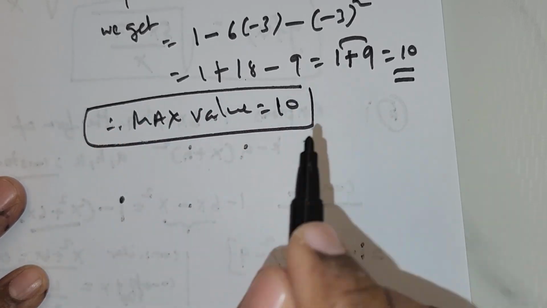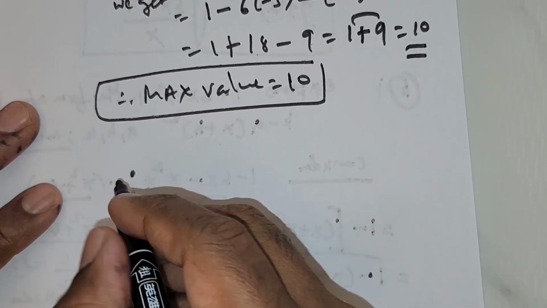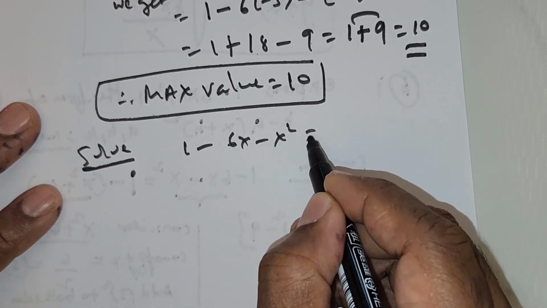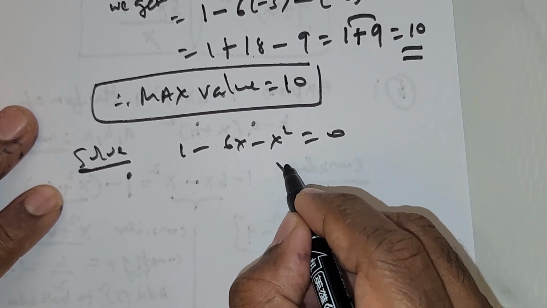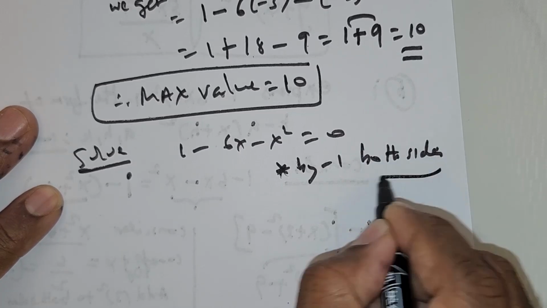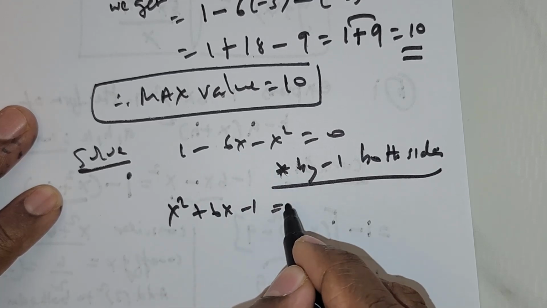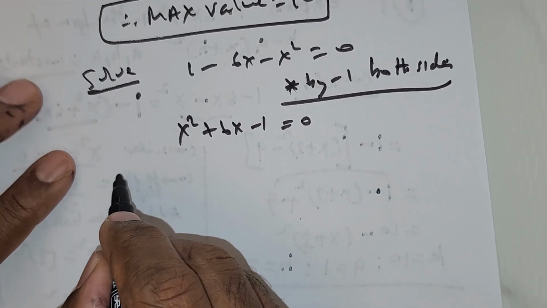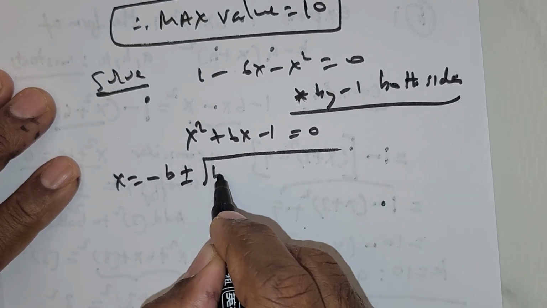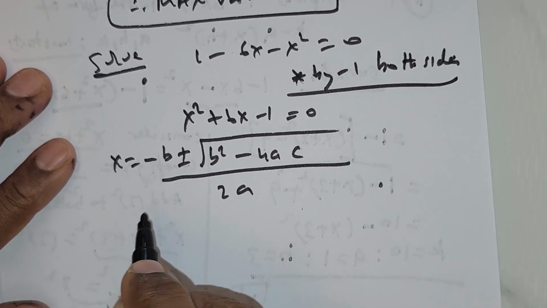You can box that. Now we are asked to solve, that's the last part, 1 − 6x − x² = 0. Now you multiply by negative 1 on both sides, and that would give you x² + 6x − 1 = 0. Now you use the quadratic formula, x = (−b ± √(b² − 4ac)) / 2a.